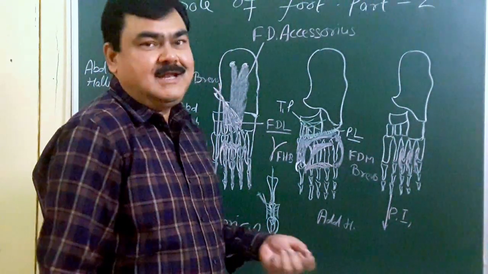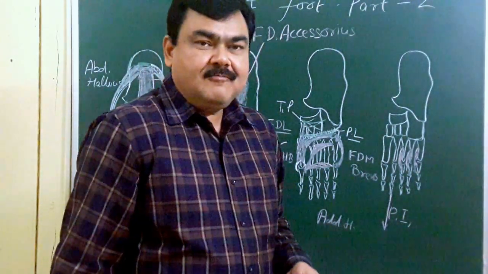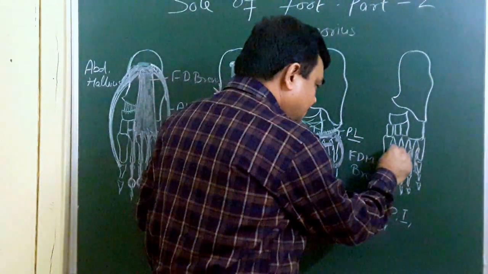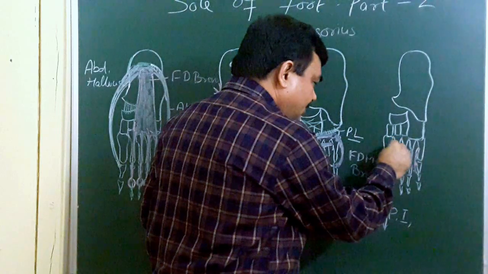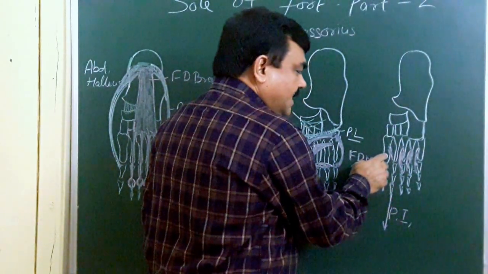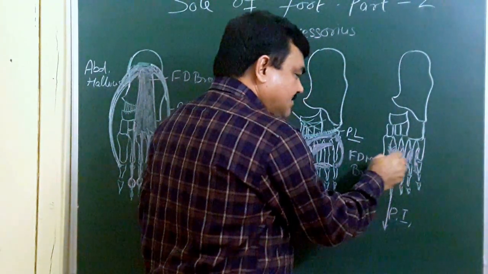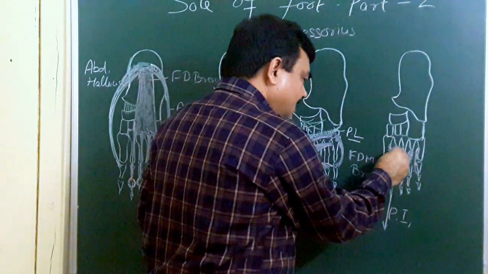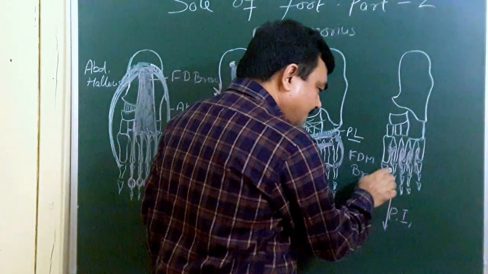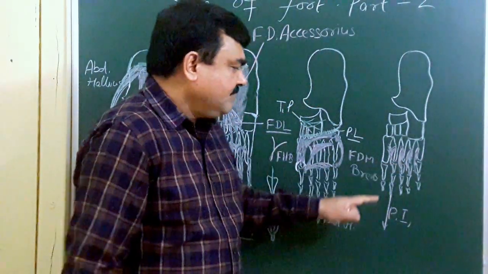And there is another muscle, the dorsal interossei. There are four dorsal interossei. The first takes origin from the lateral side of the first metatarsal and the medial side of the second metatarsal. This muscle is bipinnate, and it crosses the joint and is inserted on the base of the proximal phalanx.